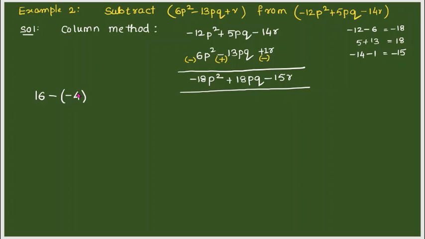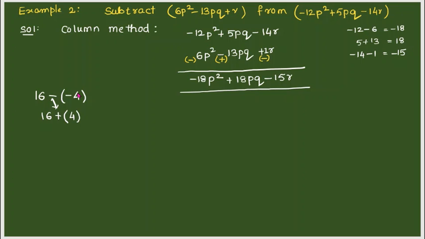How did you do subtraction in 6th class? 16 you wrote as it is. You are subtracting minus 4, so you converted this into addition. The additive inverse of minus 4 you have written as plus 4. Is it correct? Subtracting minus 4 is the same as adding its additive inverse, that is plus 4. That means we converted subtraction to addition, and for minus 4 we wrote the additive inverse plus 4. That means here also we changed the symbol.